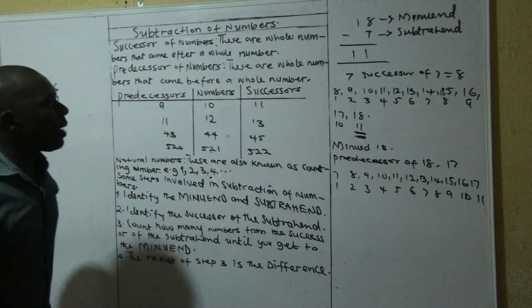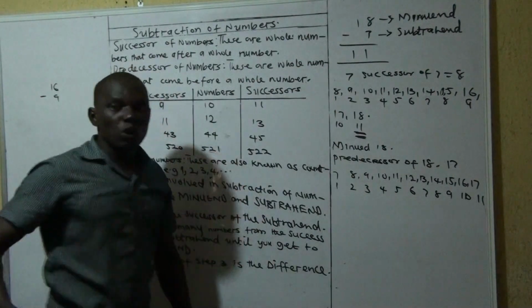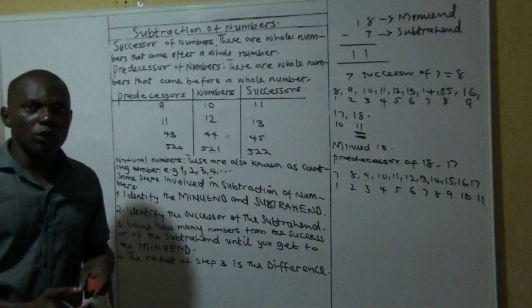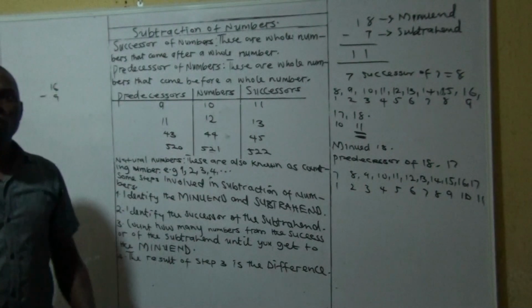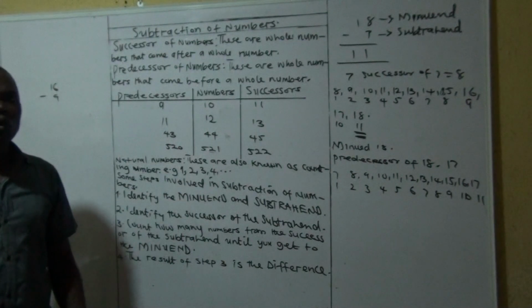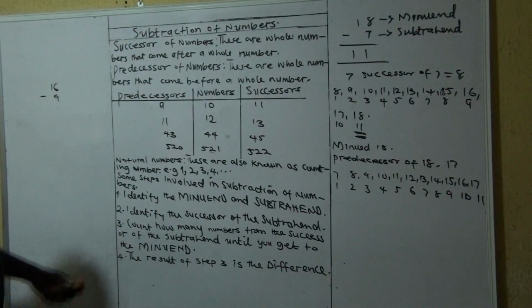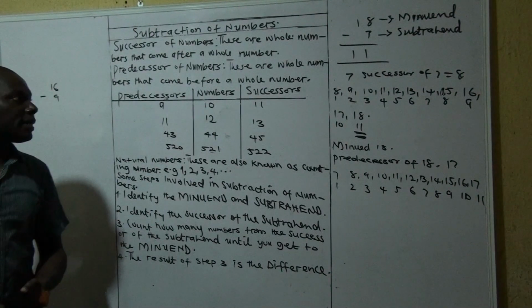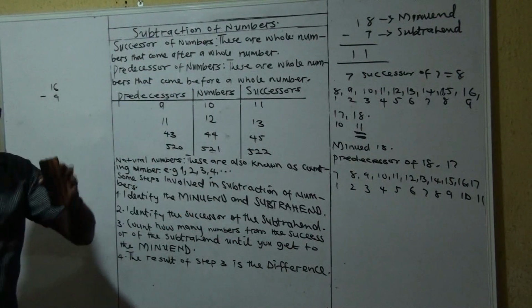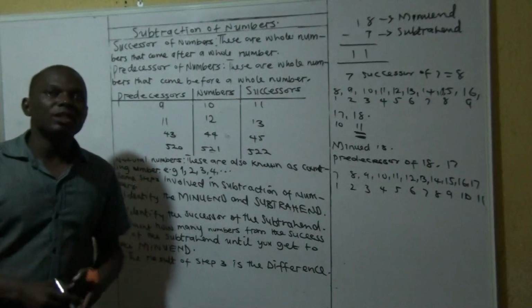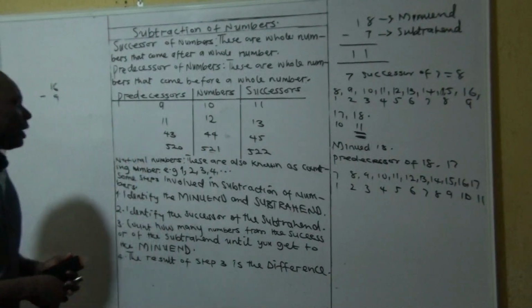You see, our answer is also 11. So we can do it using the successor, and I can also do it using the predecessor. So we also arrive at the same thing. Especially if you are handling kids and you want them to enjoy the simple operation of subtraction, we can do this.